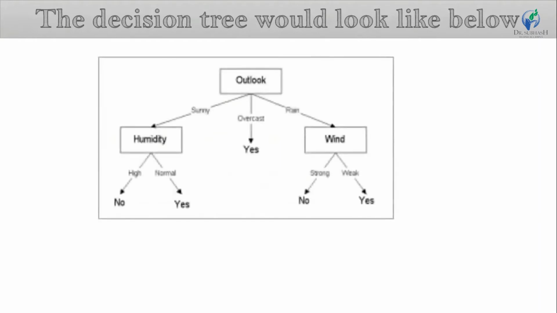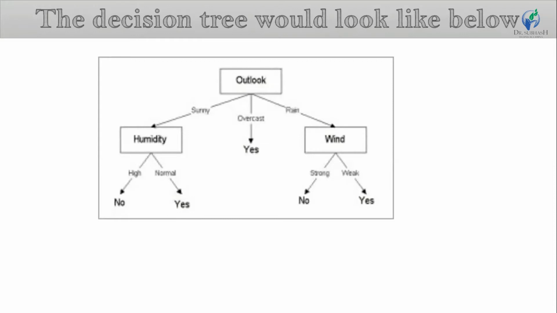Now we can see the decision tree for our training data or our data set. So here we have seen outlook has three characteristics like sunny, overcast and rain. Now we have found out in which condition we can play cricket.